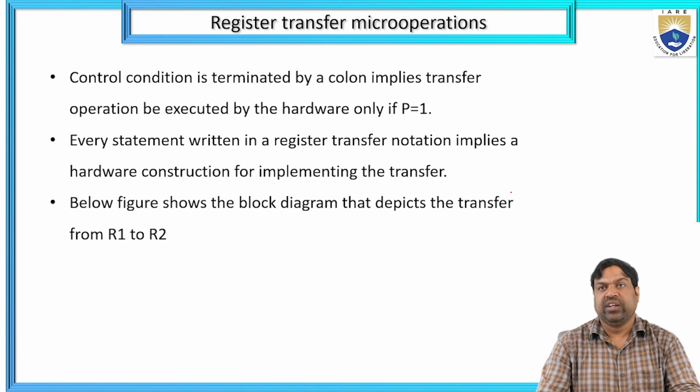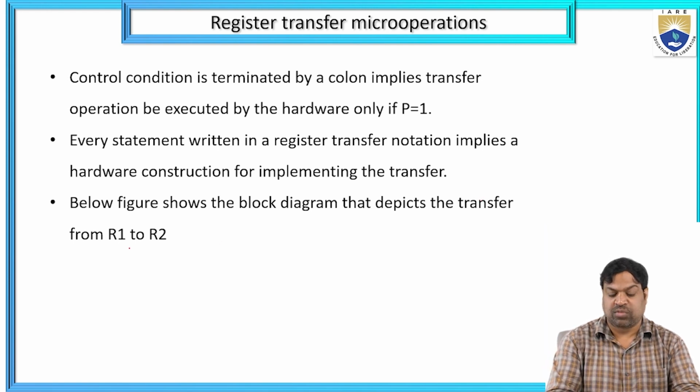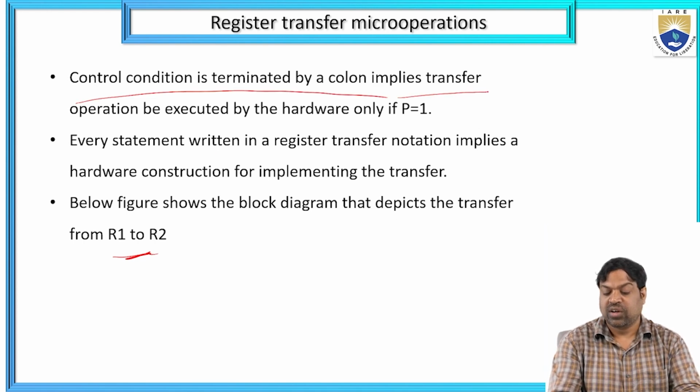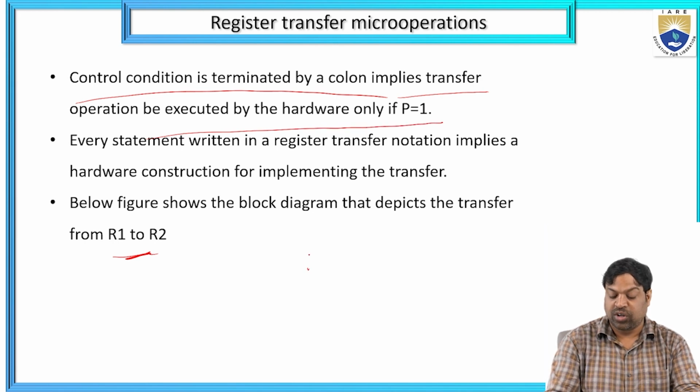Every statement written in a register transfer notation implies a hardware construction for implementing the transfer. The figure below shows the block diagram that depicts the transfer from R1 to R2. So the control condition terminated by a colon implies the transfer operation is to be executed by the hardware if P equal to 1.